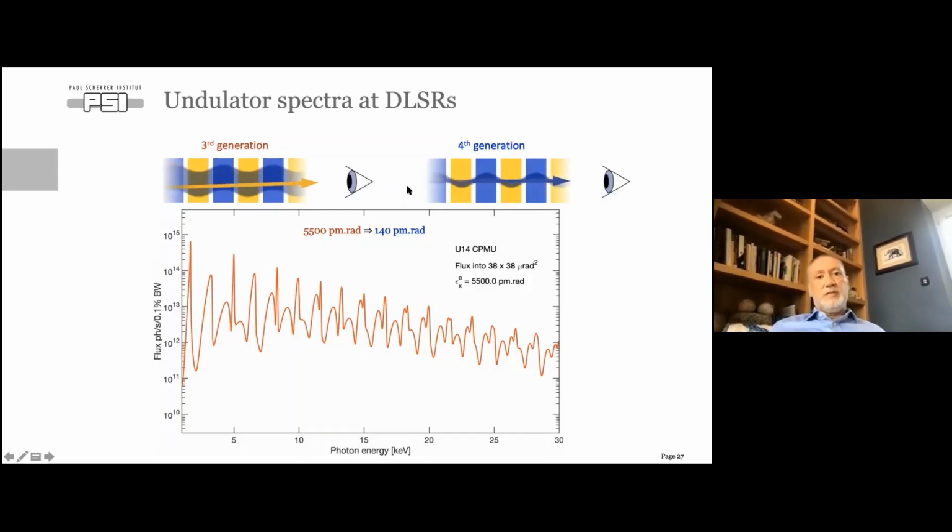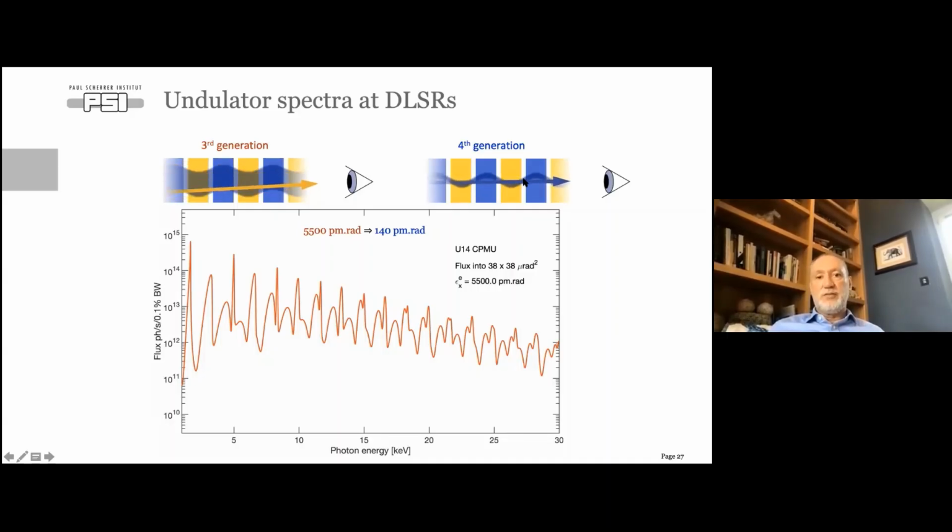This means that an observer can see a substantial amount of off-axis radiation due to the width of this river of electrons. In the case of the fourth generation, the width of the stream, as it were, is maybe 10 or 30 times smaller, and the amount of off-axis radiation that one sees is substantially reduced.